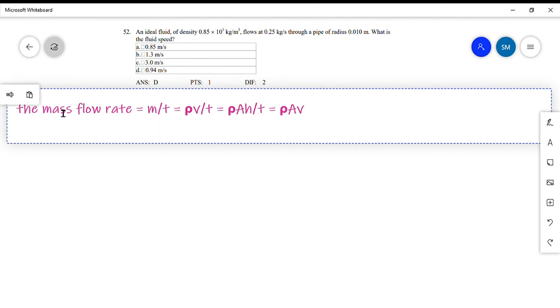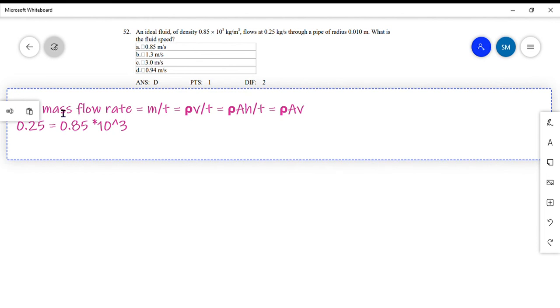The mass flow rate in the question is 0.25, which is equal to 0.85, which is the density, times 10 power 3. We just substitute in the rule, times the area times the velocity, but we don't have the area, so we will calculate it.